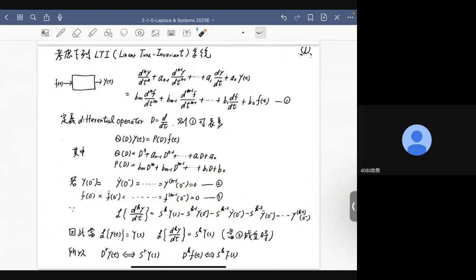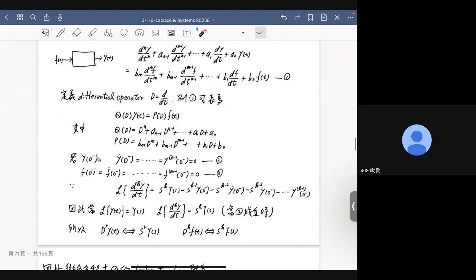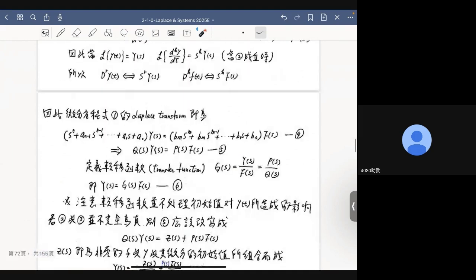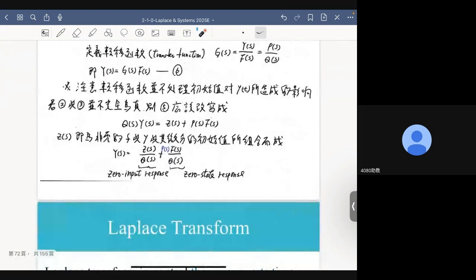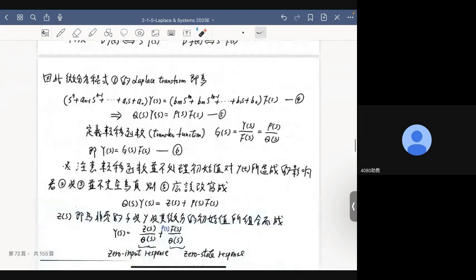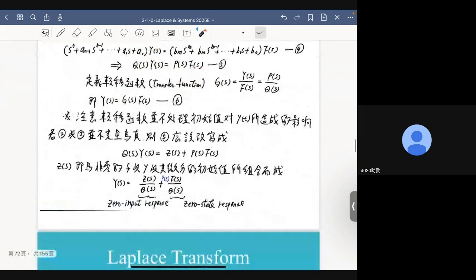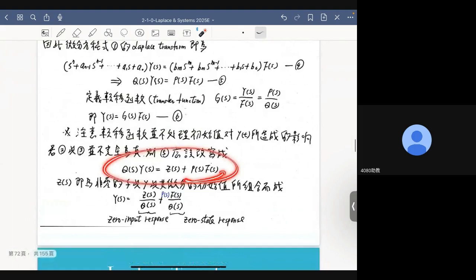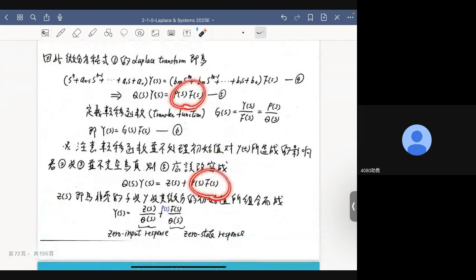So if the initial values are not all zeros, then you can demonstrate that equation 5 will turn into this equation. This part remains identical.